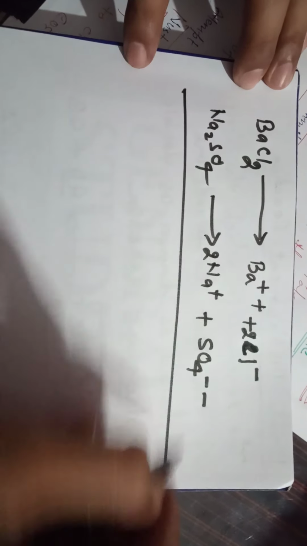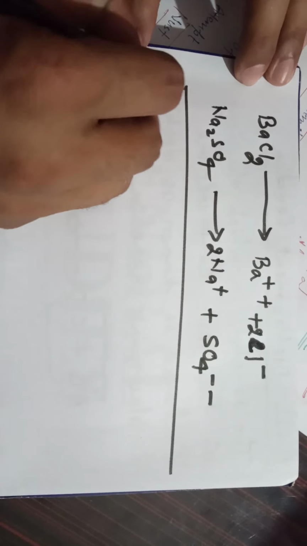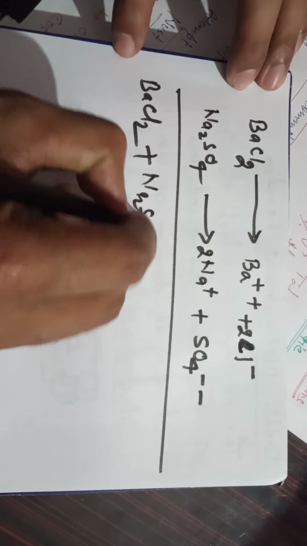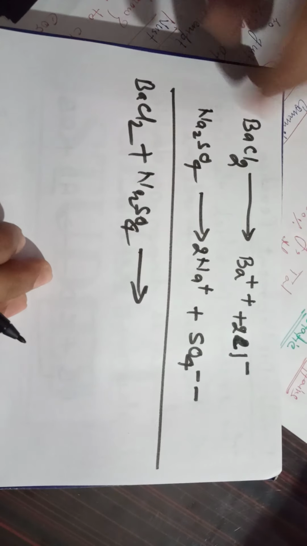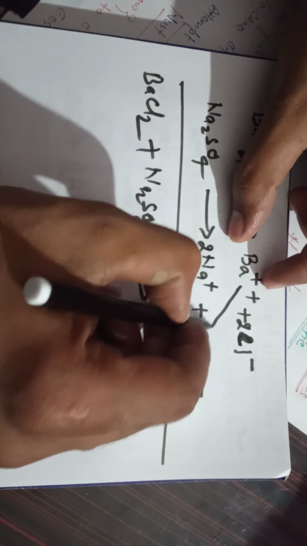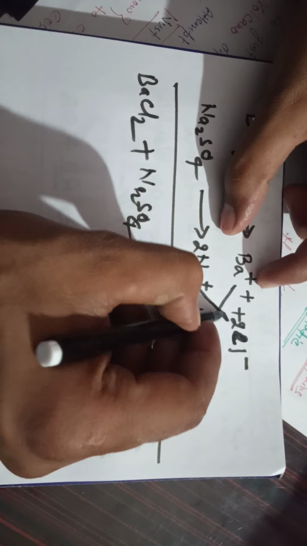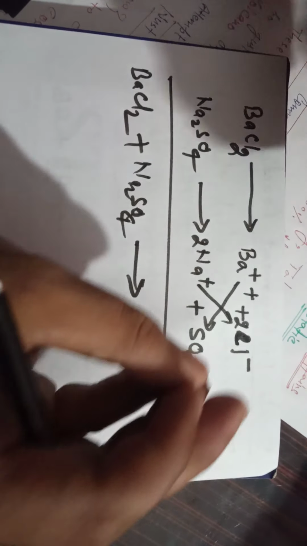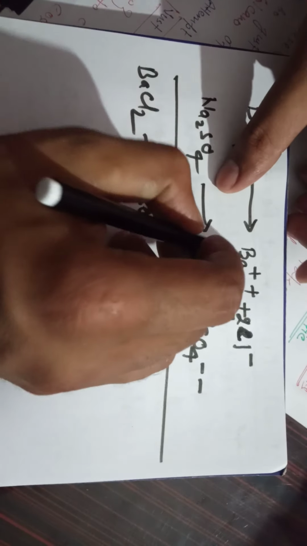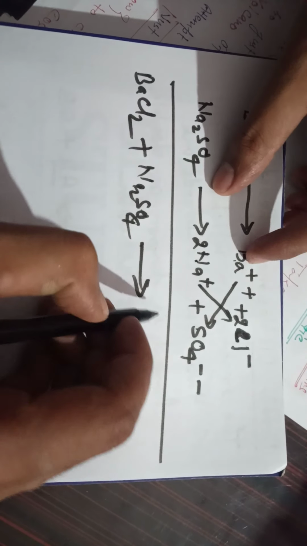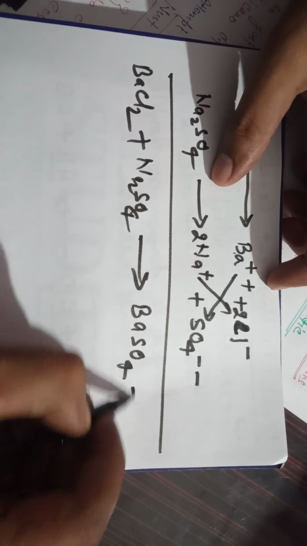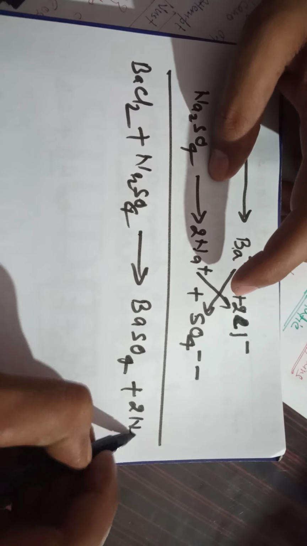So what happens when we add these? BaCl2 plus Na2SO4. Positive and negative charges attract each other, so this will attract this, and this will attract this. From here I'll get BaSO4, and from this I'll get 2NaCl.